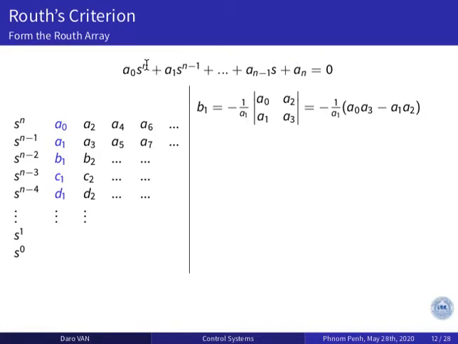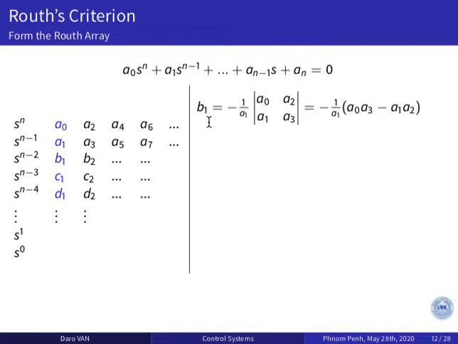This is the largest order, so you write it into this column vector, s^n, s^(n-1), until s^0, with the coefficients a0, a2, a4, a6, and so on in the evens row, and a1, a3, a5, a7 in the odd row. Once you have these two rows, you need to do some calculation in order to obtain the third row, the fourth row, and so on.